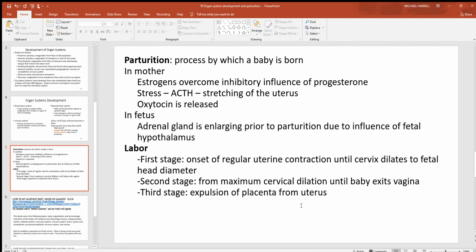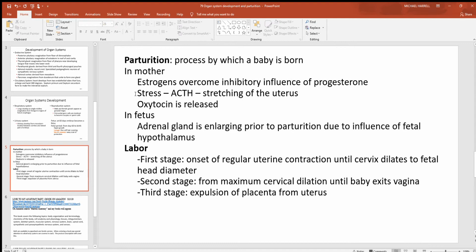Looking at parturition, it's just a fancy way of saying childbirth and delivery here. It's believed there are many things involved, right? Now, oxytocin is the primary chemical signal. But looking at some of these other, like estrogen, it's believed that estrogen overcomes the inhibiting influence of progesterone about this time. The stress of the baby running out of room, right?